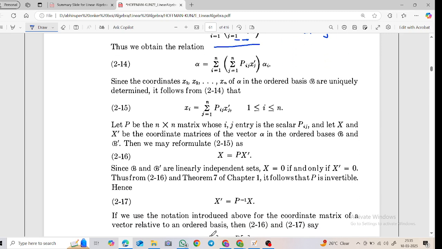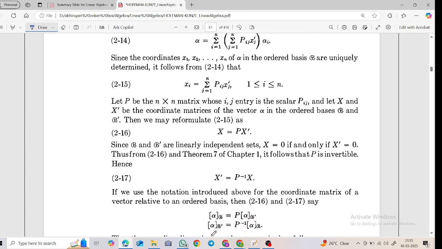Now you see P is an invertible matrix, okay, where Pij is the ijth entry of P. Okay.